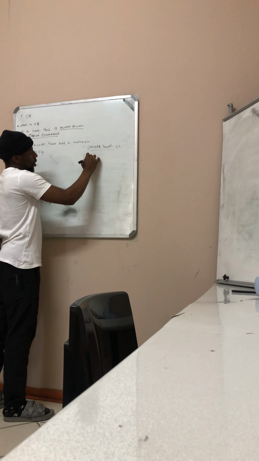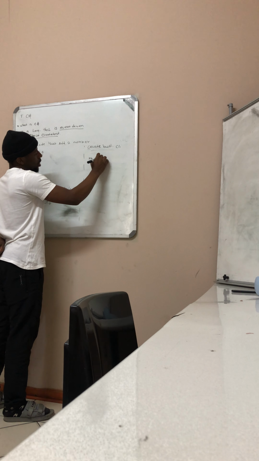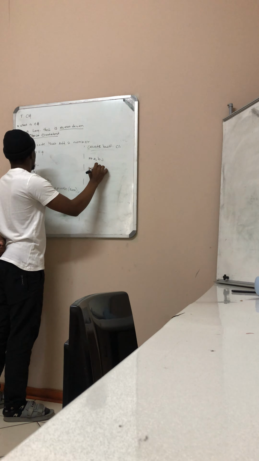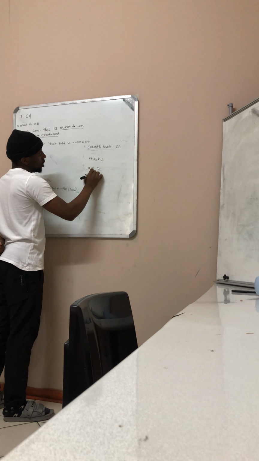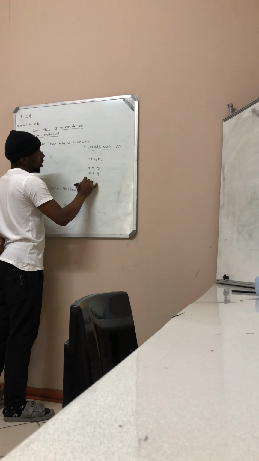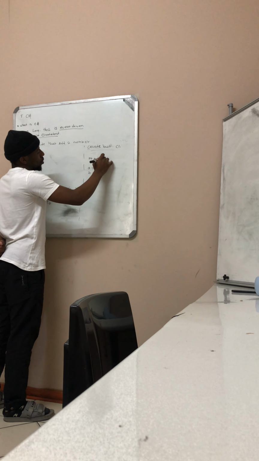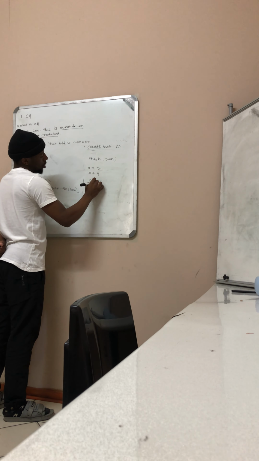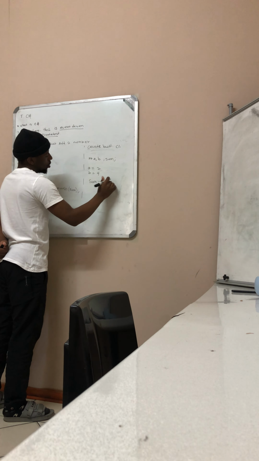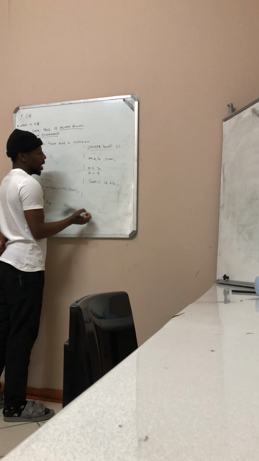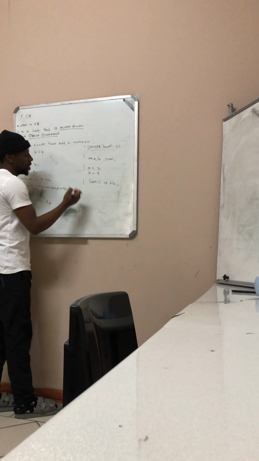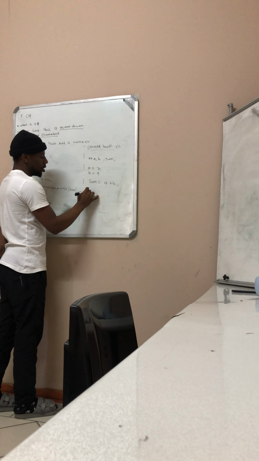int A and B, I'm just going to put it like this. A is equal to 2, B is equal to 4, sum, and then sum is going to be equal to A plus B. And then you specify the object where this will be displayed.